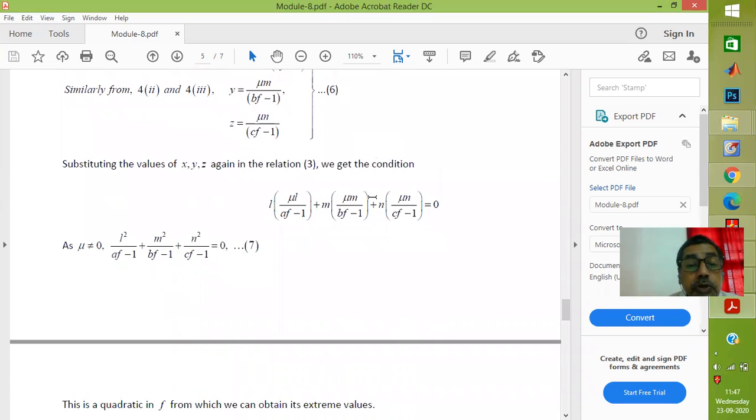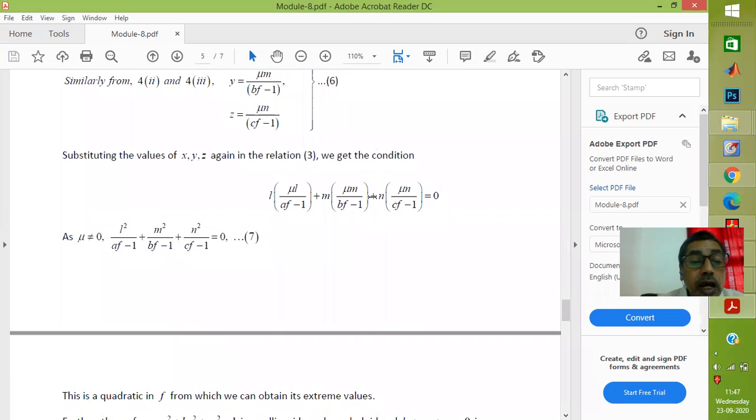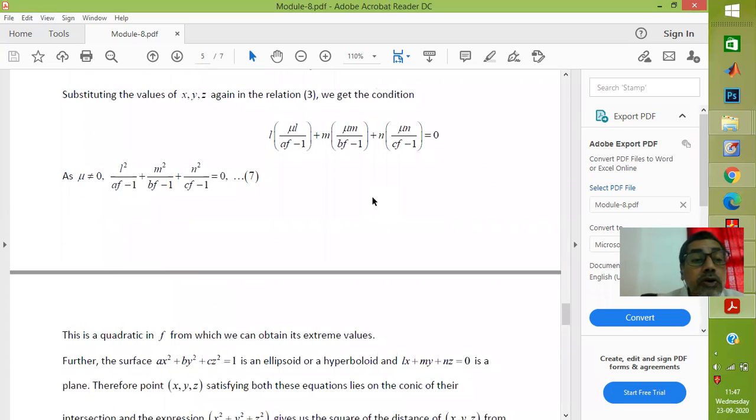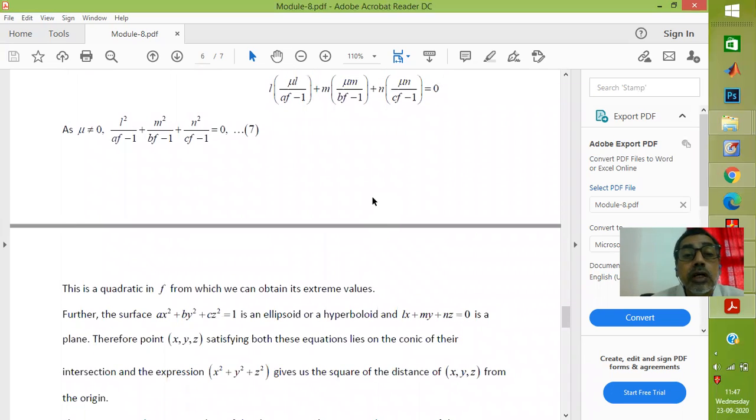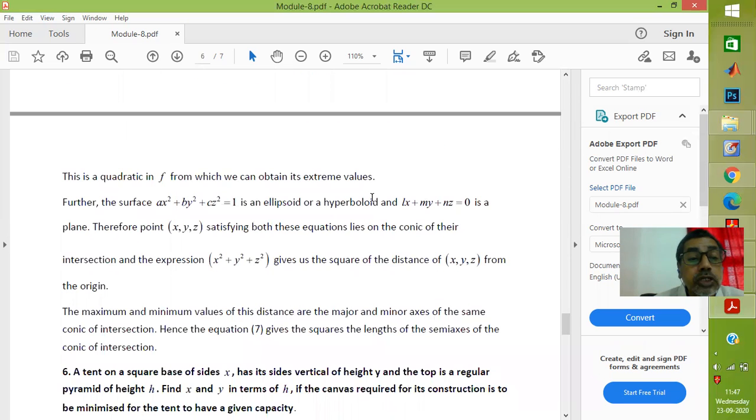So this can be substituted in the last constraint equation, and since mu can be extracted out, but it cannot be 0, therefore we get a relation: L square by (AF minus 1) plus m square by (BF minus 1) plus n square by (CF minus 1) is equal to 0. So this is a quadratic in F, and we get the extreme values by solving it.